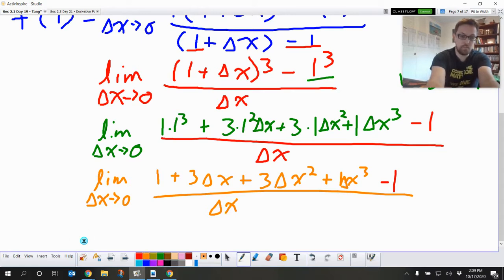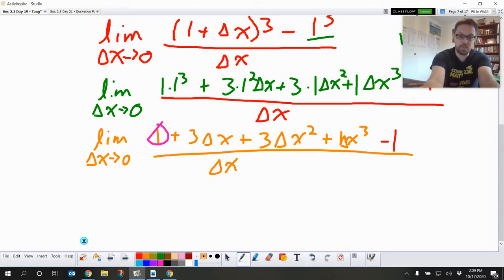Well, our ones seem to zero out again. This one and that one, those two zero out. So we're left with just delta x cubed.